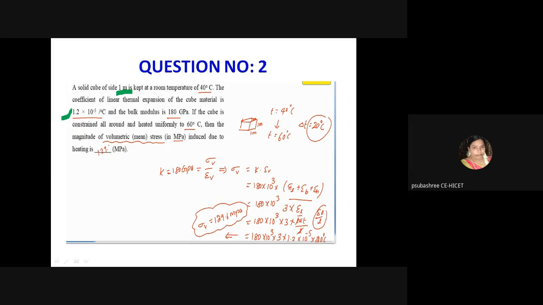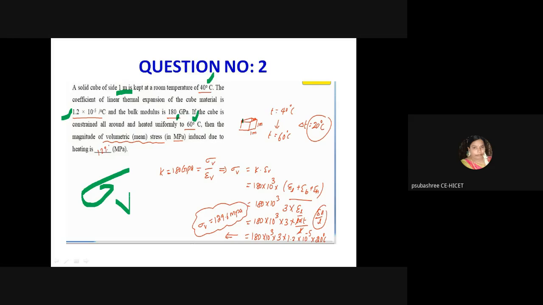And the bulk modulus K is 180 gigapascal. If the cube is constrained all around and heated uniformly to 60 degrees Celsius, so the first temperature T is 40 degrees Celsius and the second one is 60 degrees Celsius, then the magnitude of the volumetric stress, sigma V, induced due to heating is asked.